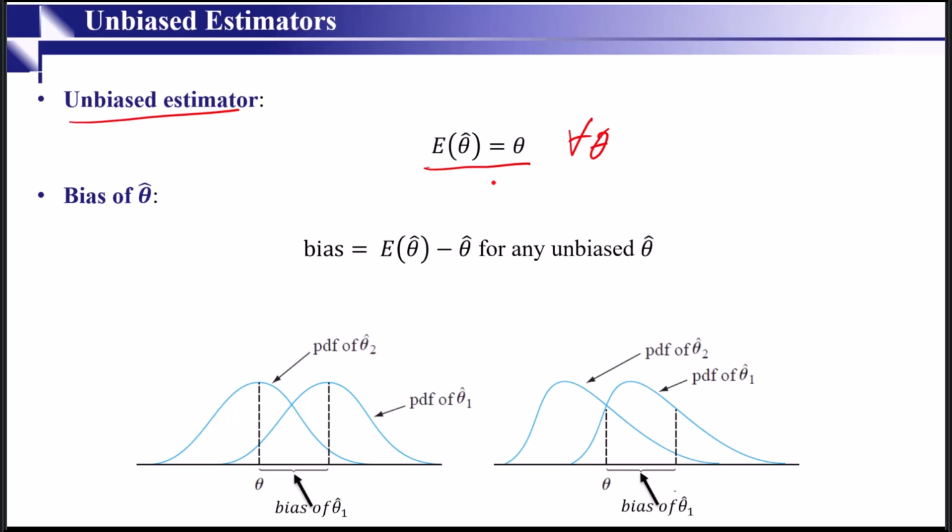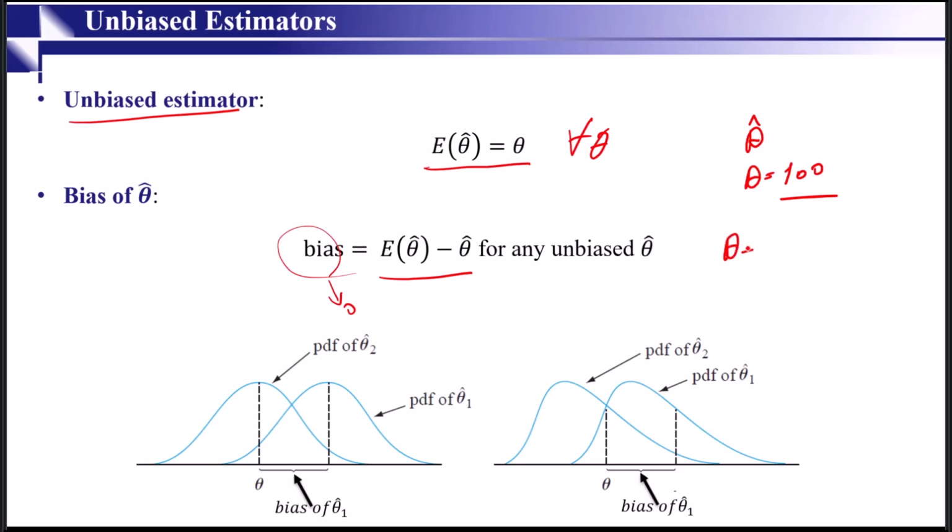The bias of an estimator is defined as the expected value of the estimator minus the parameter. So if this value is equal to 0 for any unbiased estimator, it means our estimate on average hits the true value. For example, say we have theta hat as an unbiased estimator. If theta is equal to 100, the sampling distribution should be centered at 100.